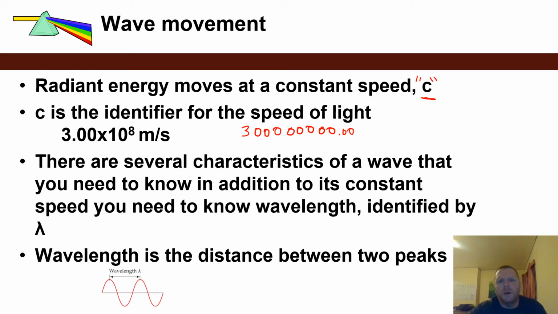Now, there are several characteristics of a wave that you need to understand, in addition to that constant speed. You need to know what a wavelength is, and this is identified by this symbol right here, lambda. So wavelength is the distance between two different peaks.